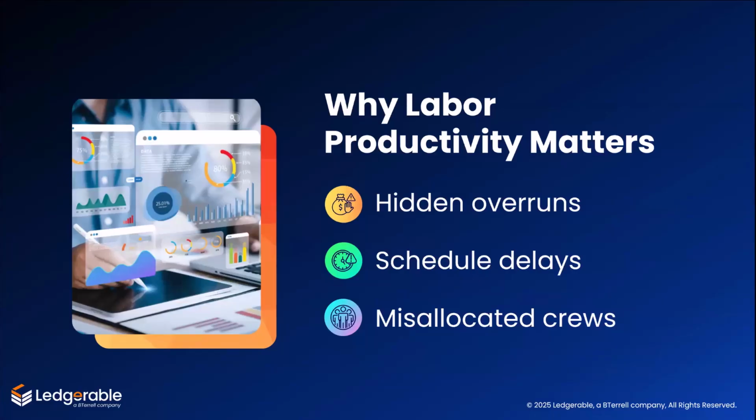And it wasn't just one-offs. We found the same pattern across multiple jobs. The crews were averaging about 20% over budgeted hours almost every time. And the owner told me right there and then that they had been blaming suppliers for months, but it's actually their own labor that's killing them.